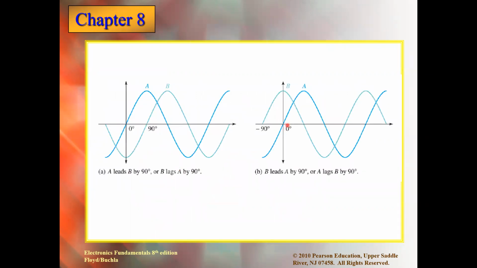Now guys, here is a point I need your attention. Here we have different waveforms, and we want to see how they are related. We have two waveforms, waveform A and waveform B, and we try to know the relation between them. Waveform A starts from the origin, but B starts from this point.